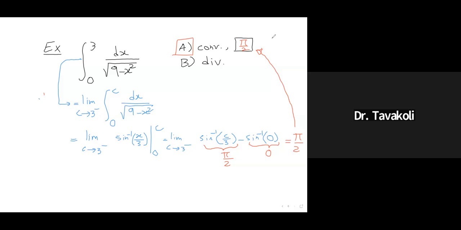Okay, let's see another example. Again, as usual, try to do examples on your own before watching my solution. The integral from 1 to 3 of 1 over x minus 1 to the power of 5 halves dx.